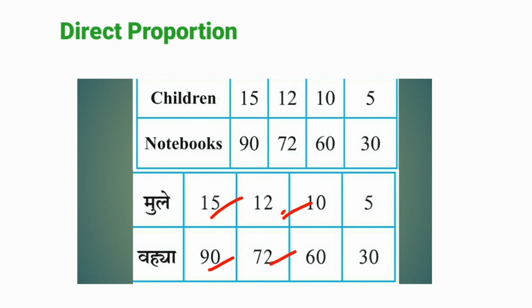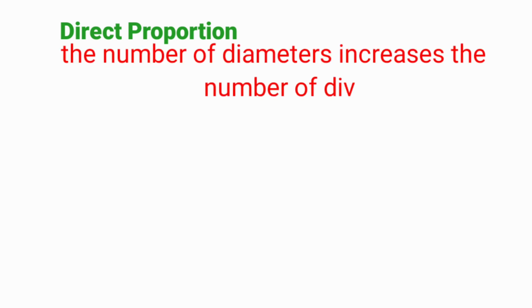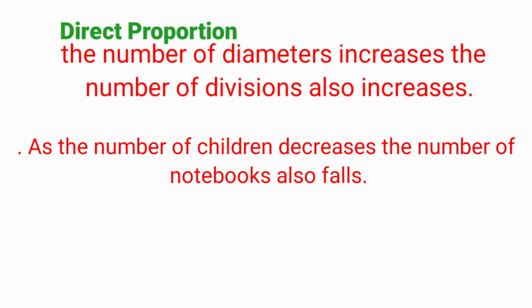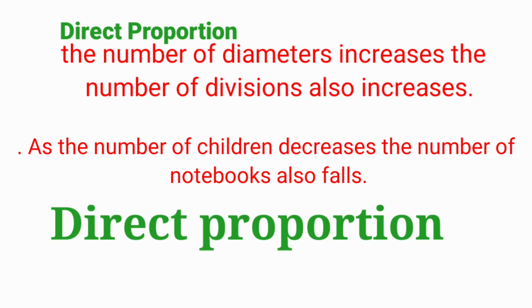The ratio becomes 1/6, 1/6, 1/6. Also a constant ratio of number of children upon number of notebooks. So as number of diameters increases, number of divisions also increases. As number of children decreases, the number of notebooks also falls. Means in those two concepts we have direct proportion. I think you will get my point.